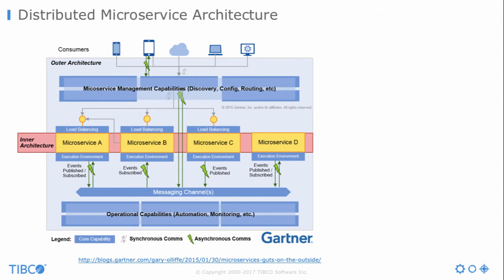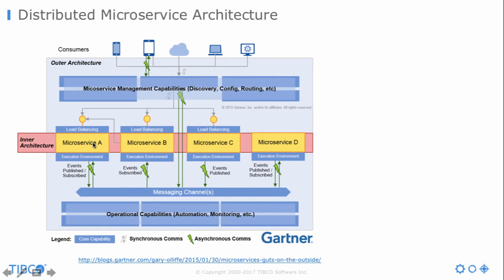With all these microservices, let's take a look at this distributed microservice architecture. So here in the middle, you see the microservices itself. They are here very small, A, B, C, D. That's a pretty nice example. Here you have the business logic and it's flexible and independent. However, it's just the inner architecture.